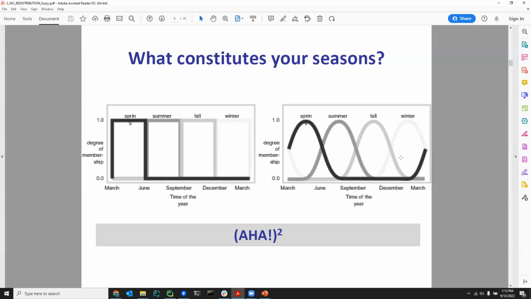And if these are true normal distributions, you'd actually have contributions from all of them at some point. And so this is how you can handle representing membership in multiple sets potentially at the same time. And then what you do with that, you can then do inferencing with that after the fact.